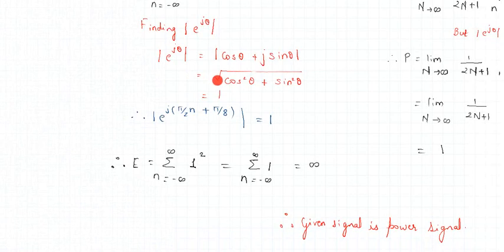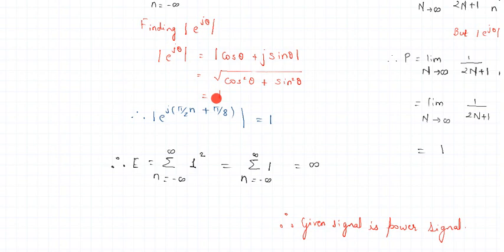So the square root of real part square plus imaginary part square would be the magnitude. So square root of cos square theta plus sin square theta. We know cos square theta plus sin square theta is 1, and hence, irrespective of what your theta value is, the mod of e raised to j theta is always 1.